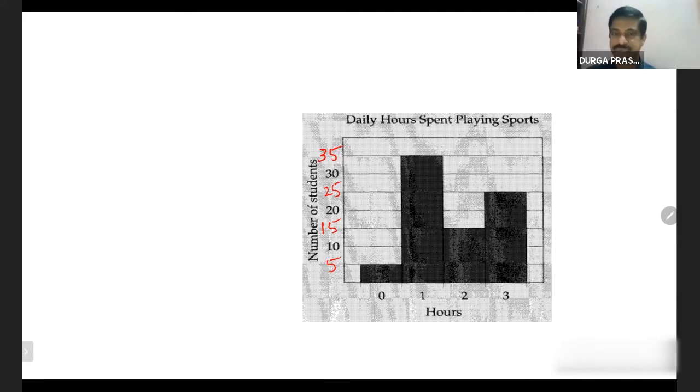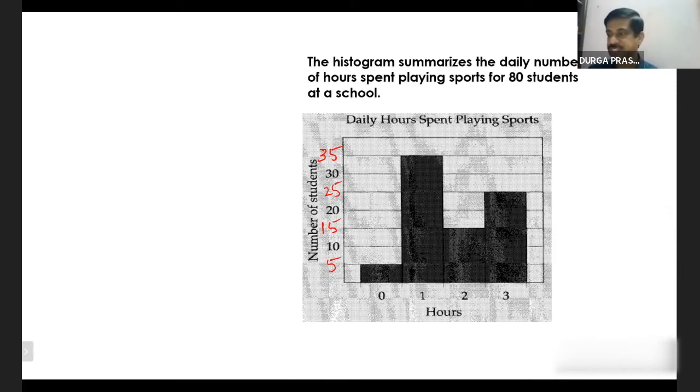So these are the number of students playing: 0 hours, meaning not at all playing, are 5; 1 hour played are 35; 2 hours is 15; and 3 hours is 25. Based on this data, we should answer the questions given.